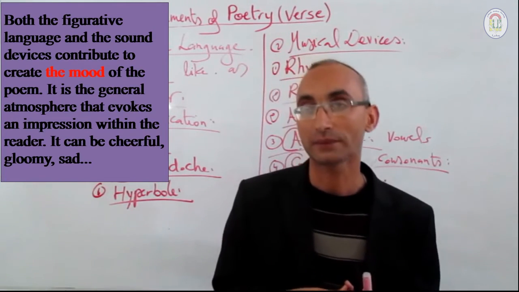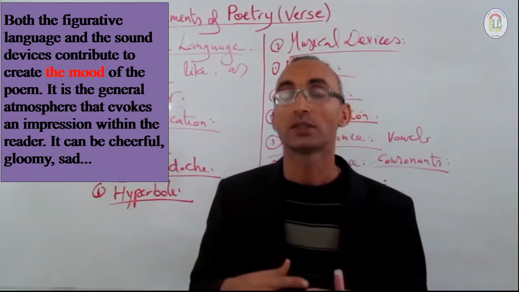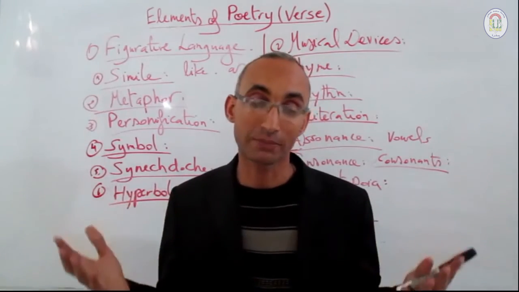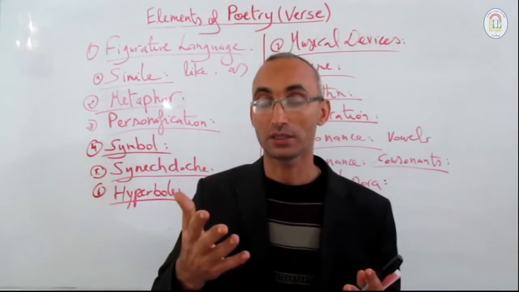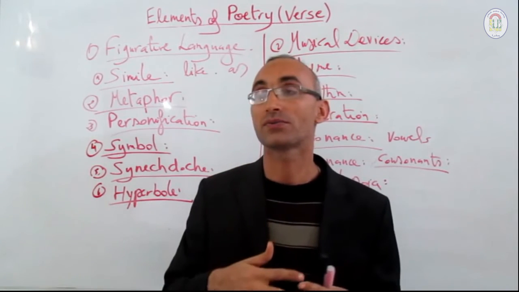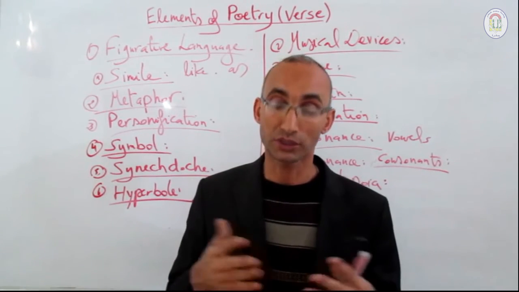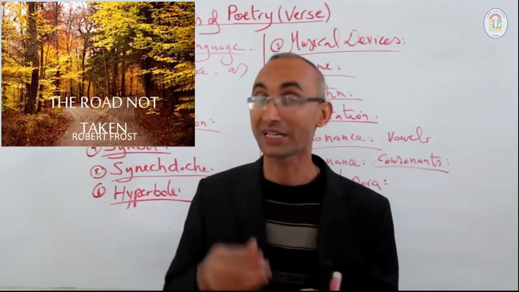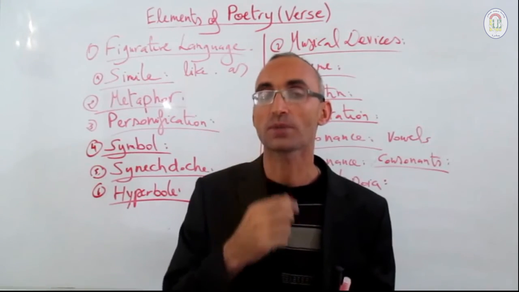Now here, if you want to mention just some examples of famous poems, we can mention the example of Edgar Allan Poe's The Raven. Also, we can mention the example of Robert Frost's poem, The Road Not Taken, which has that humanitarian, you can say, significance and message.